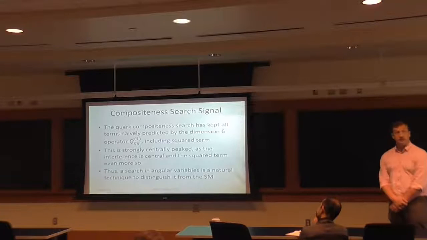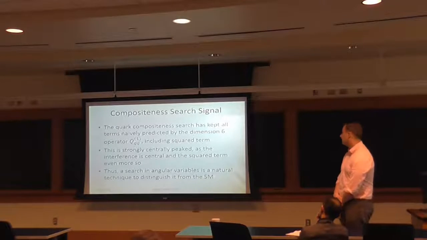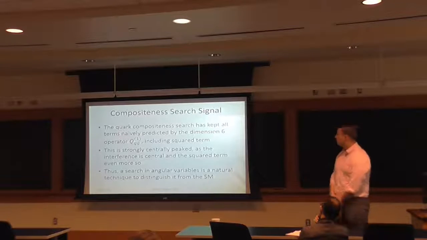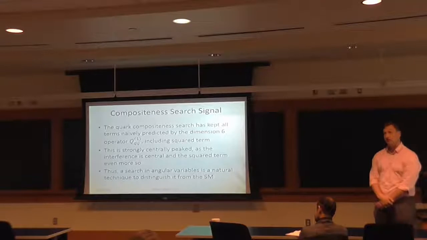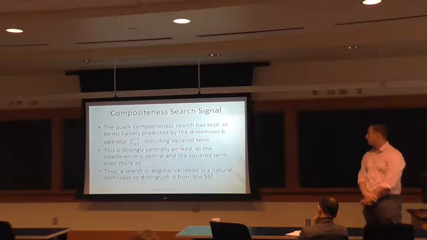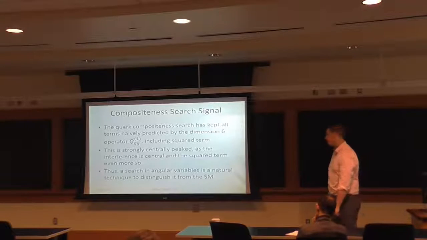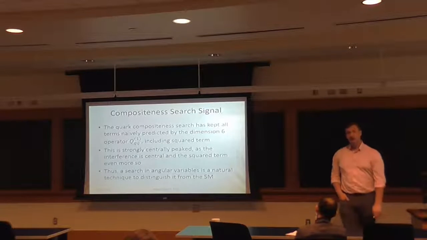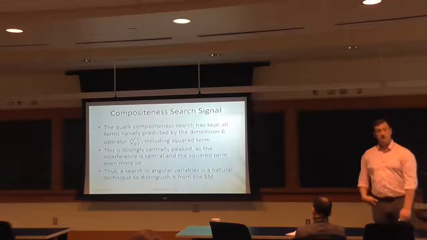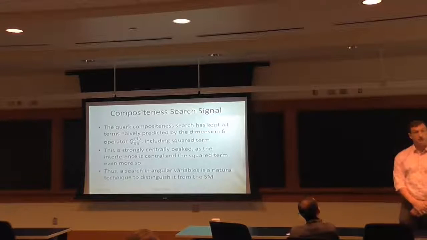So the search signal that had been used in these compositeness searches, both at Tevatron and at the LHC, has kept all of the terms naively predicted by the dimension 6 operator, including the squared term. The squared term is very strongly centrally peaked. Centrally peaked, meaning at low absolute value of rapidity.